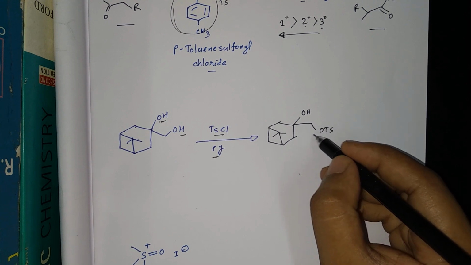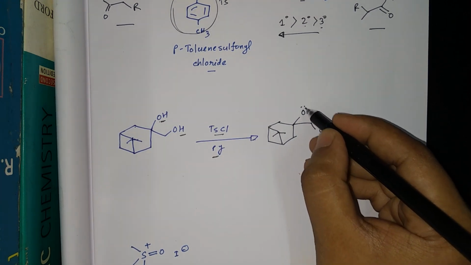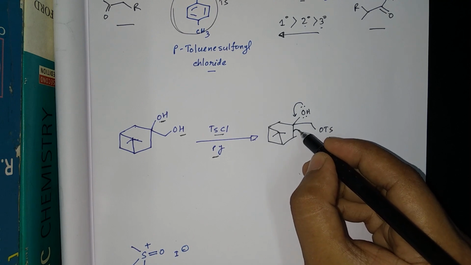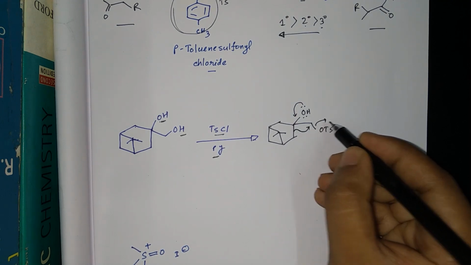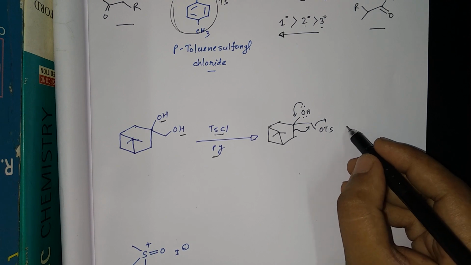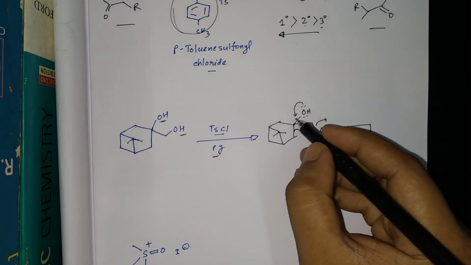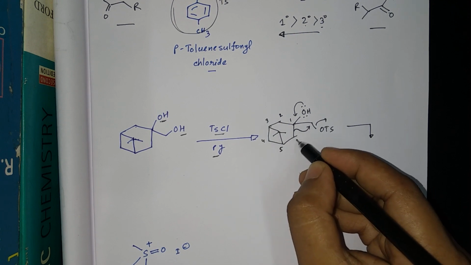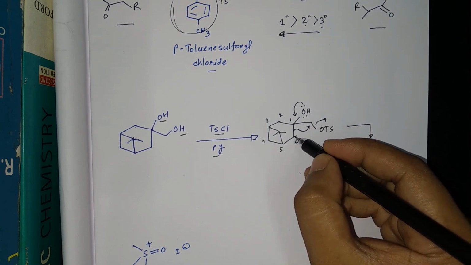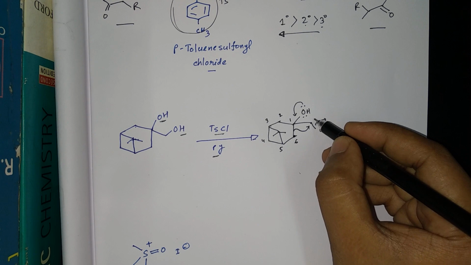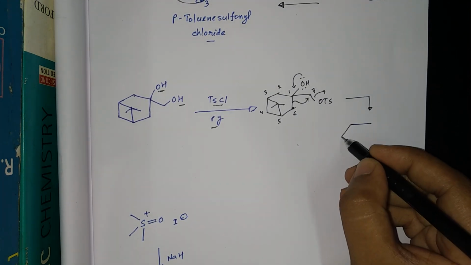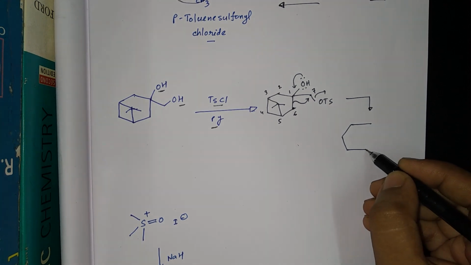Now this is a very good leaving group. The lone pair of OH will come back and one group will migrate here, and OTs minus will leave. So there will be 1, 2, 3, 4, 5, 6, and this 6th carbon will attach to this carbon, which makes 7 carbons. So a 7-membered ring will form.